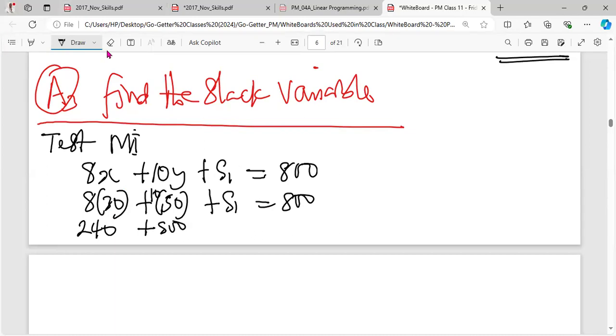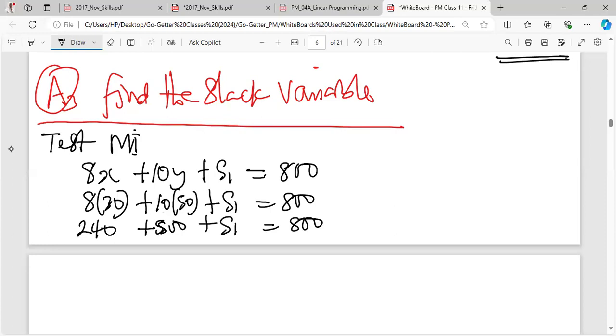There should be a 10 times 50 here, which should give me 500. Let me make it clear. There's a 10y, which I omitted. So 10 times 50 is 500 plus S1, which gives me 800.